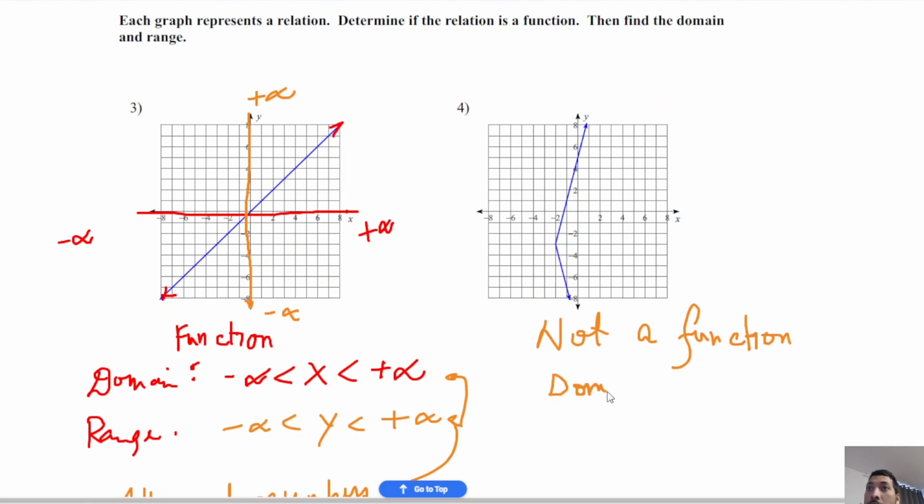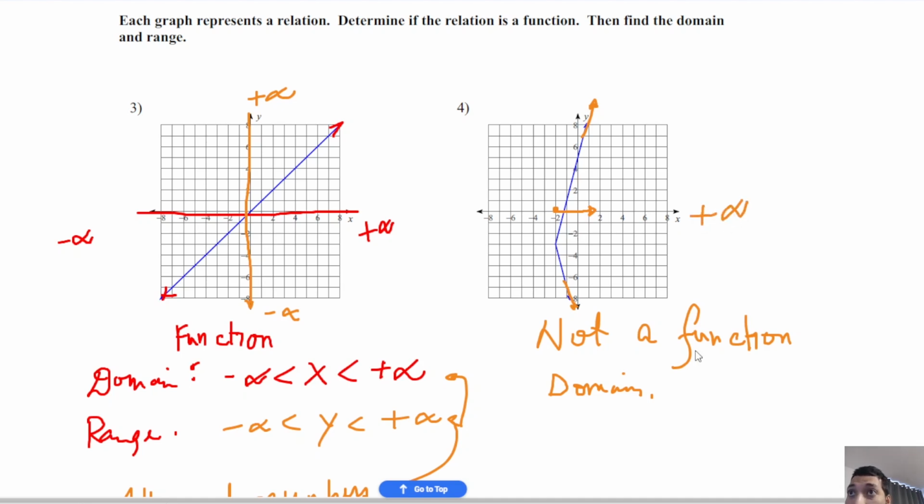So let's try to determine our domain first. So on the domain, we look at the lowest value on the x-axis. So you can see that on the x-axis, the graph is starting right here and is going all the way to the right. These 2 arrows are indicating that the graph is going all the way to the right, which means the maximum possible value is +infinity.